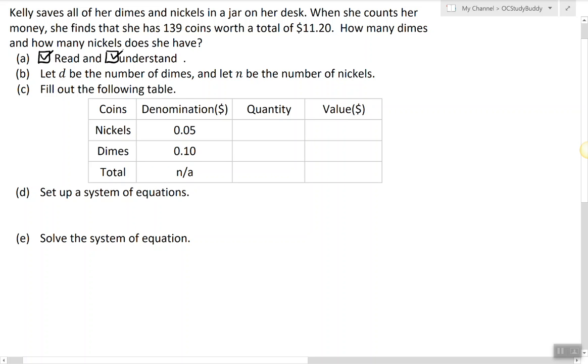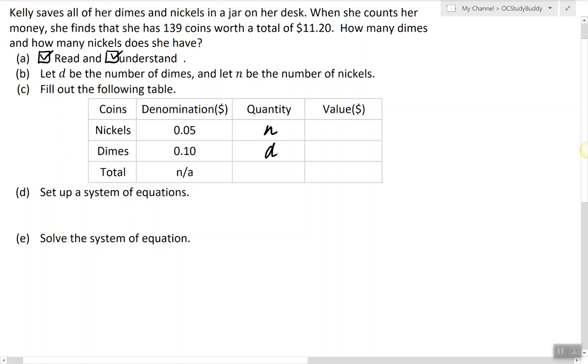Usually we would have to pick the names for the variables ourselves, but here it is suggested to call the number of dimes D and the number of nickels N. So when it comes to filling up the table, N is the quantity of nickels and D is the quantity of dimes.